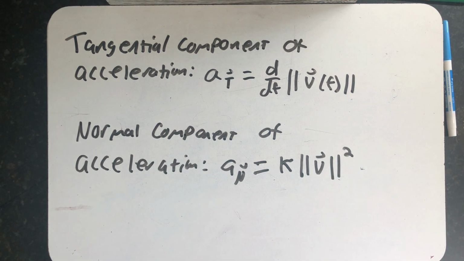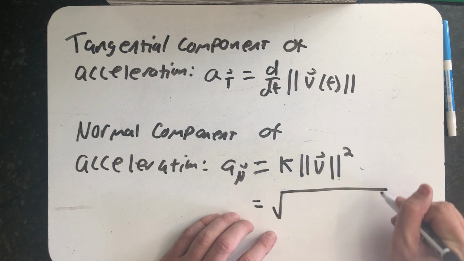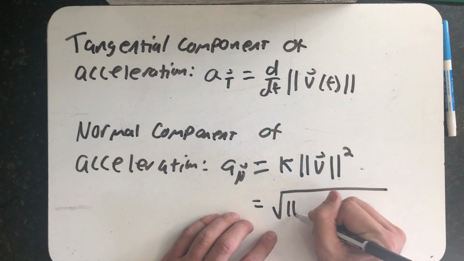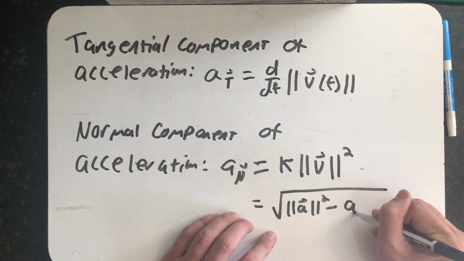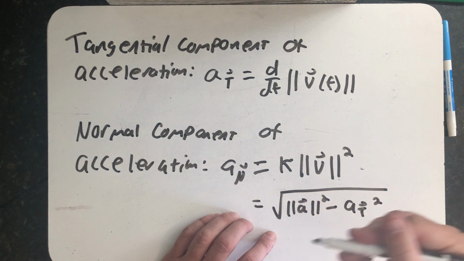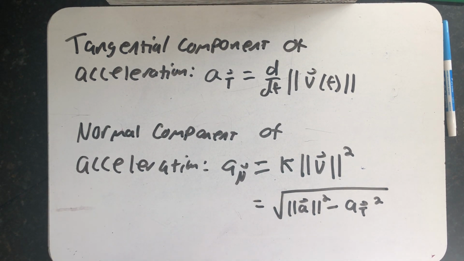That's not too bad. But one thing to always keep in mind, because acceleration just lies in a plane determined by T and N, we could actually look at that plane and then use the Pythagorean theorem instead. The magnitude of the acceleration vector squared minus the tangential component squared, take a square root, that will give me my normal component. And sometimes this arithmetic is easier to do.